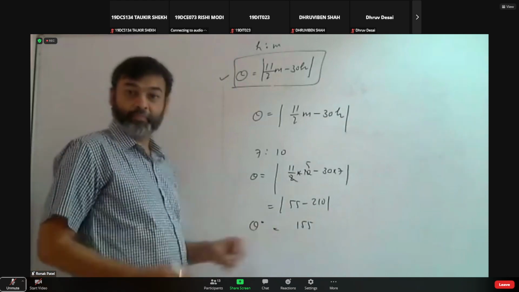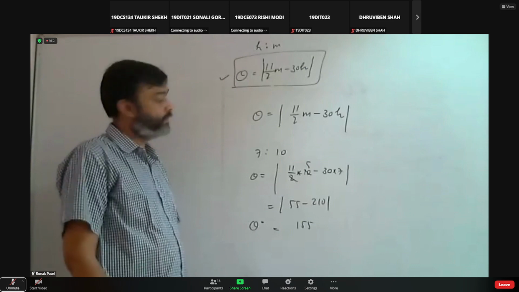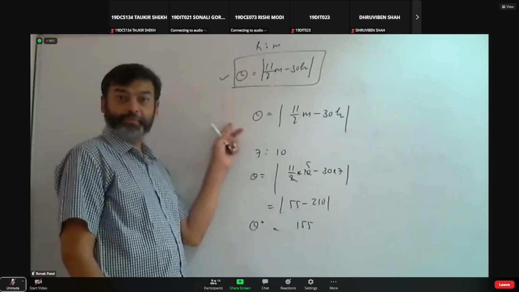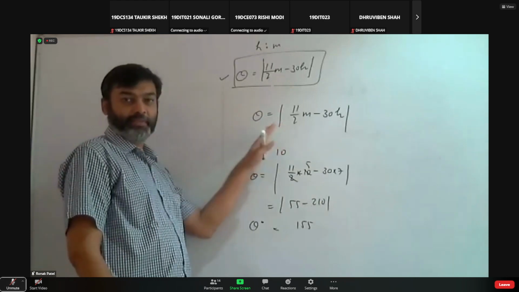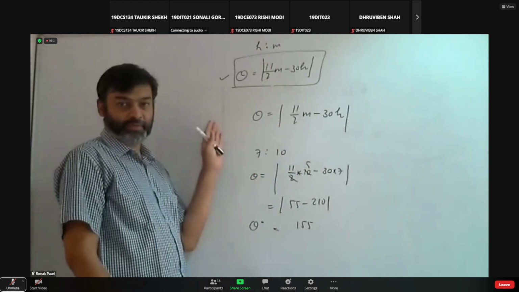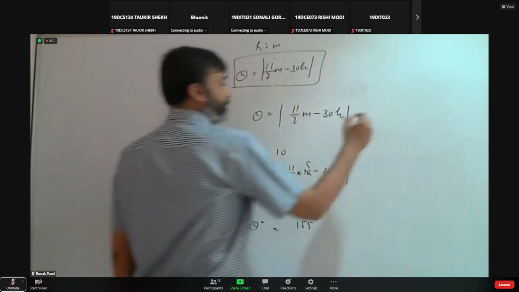Hope so understood. Everybody clear this? This will increase your speed, nothing else but you gain some speed using this equation. This equation is known the other way also. So one more question, try that.